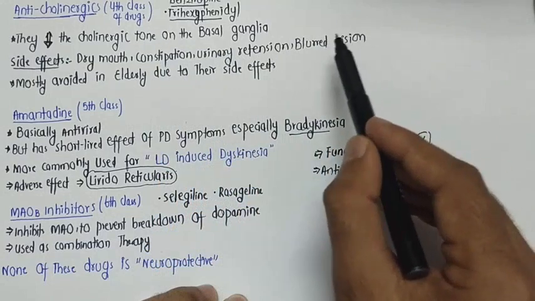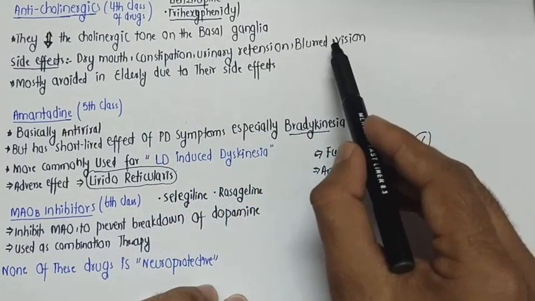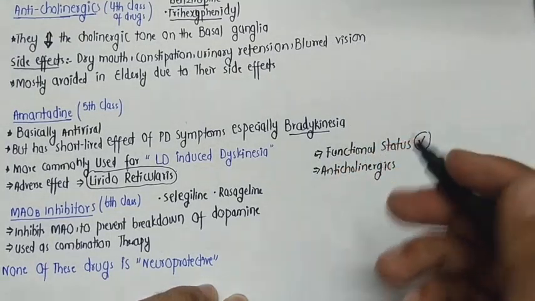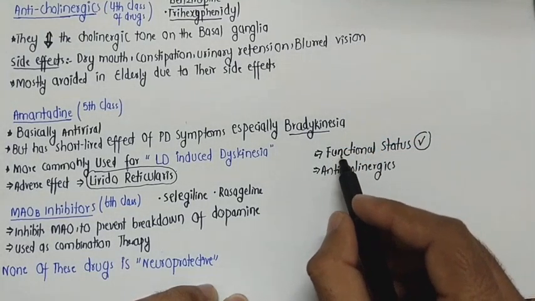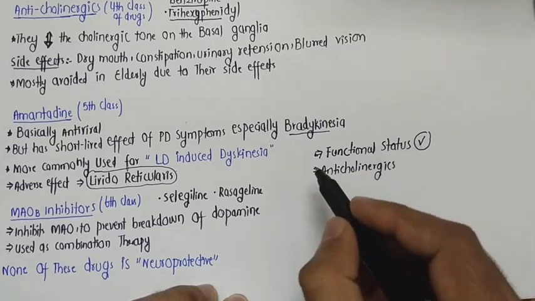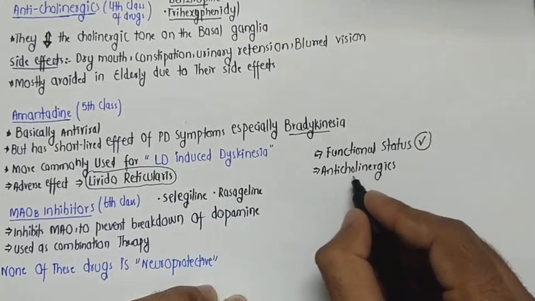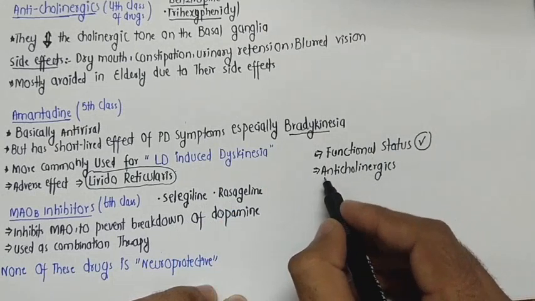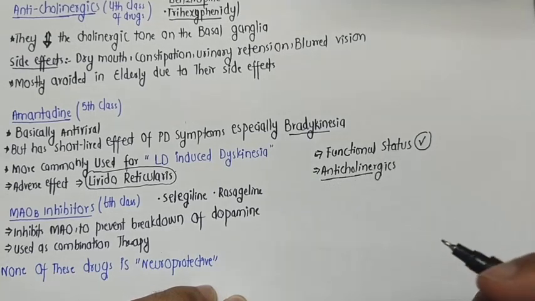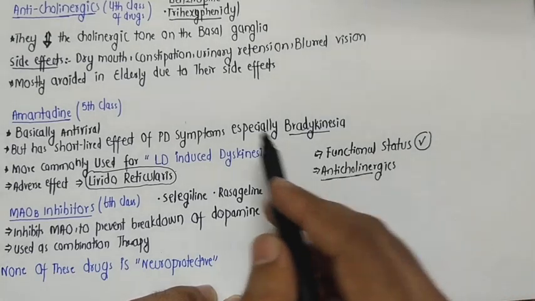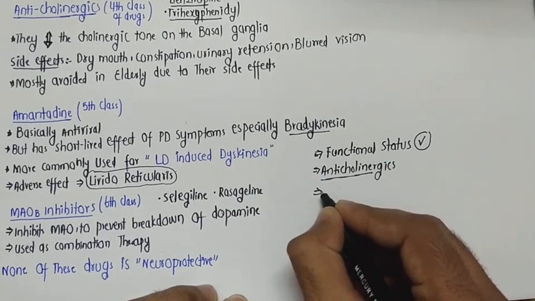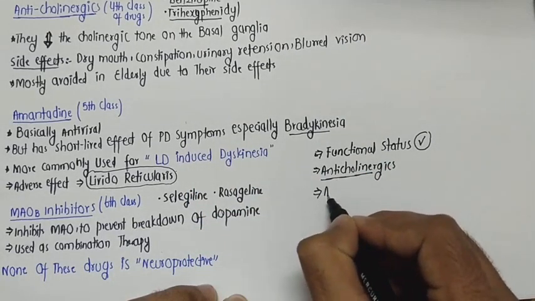These are very difficult to tolerate, especially in the older population. So when the functional status is okay, if the patient is young enough to tolerate these side effects, you can start with anticholinergics. If the patient is unable to tolerate the side effects of anticholinergics, you will go with amantadine first.